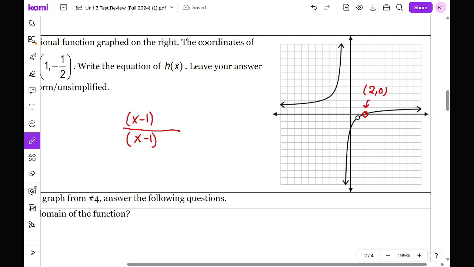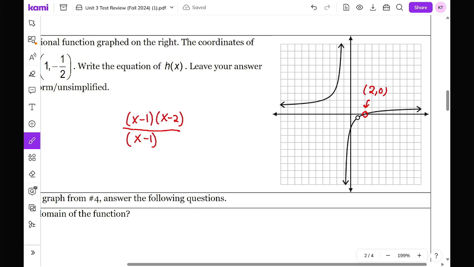Now, we're going to assume that these x minus 1s are canceled out, and then I'm left with just whatever's up on my numerator. And so the factor that would give me a positive 2 is going to be x minus 2. Because again, if I set that equal to 0, that is going to equal a positive 2. So my x-intercept there is going to be 2 comma 0.